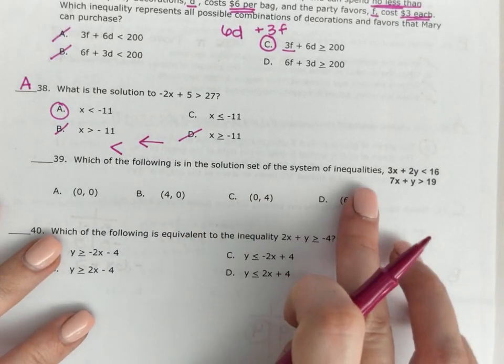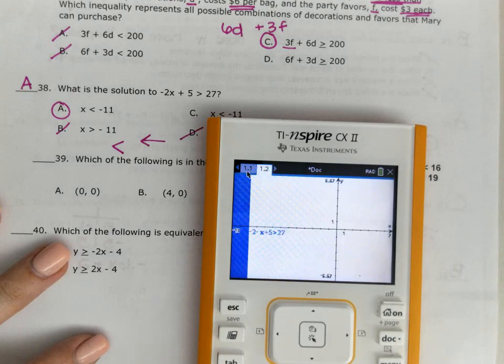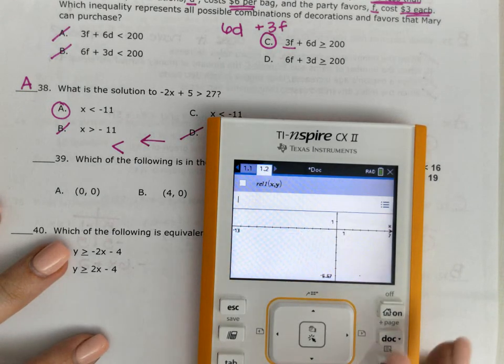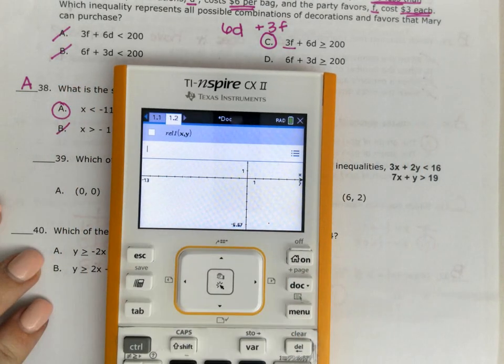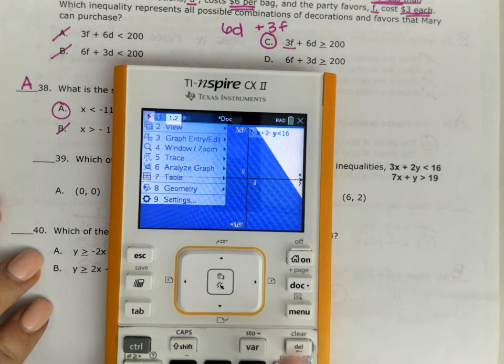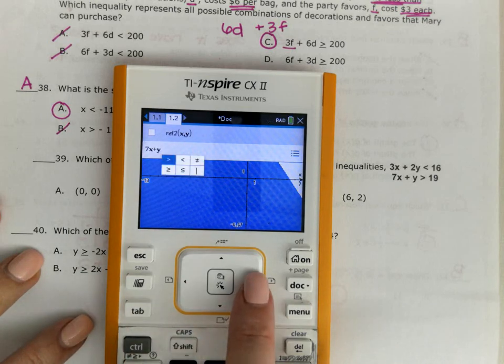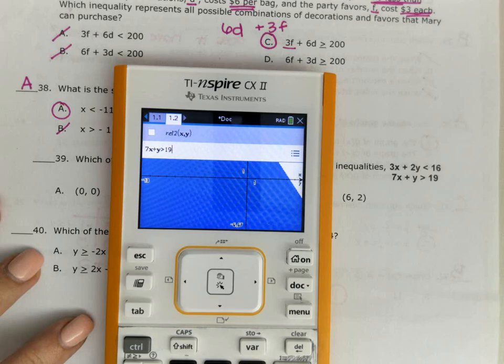Which of the following is in the solution set for the system of inequalities? So again, because it's an inequality, menu 3, 2, we're going to type it in on the graph. So 3x plus 2y less than 16. Menu 3, 2, 7x plus y greater than 19.